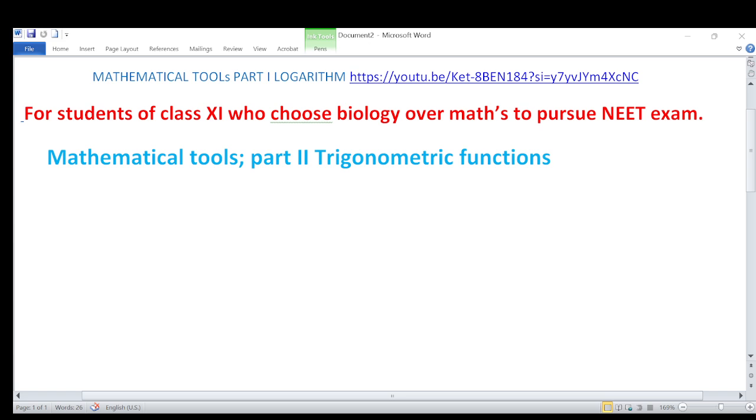Now coming to the point, this is trigonometric functions. The first thing you must know is, what is trigonometry? Trigonometry was thought about, let's not say invented, when scientists had to know the height of the peak of any mountain or celestial body, or something like navigation.